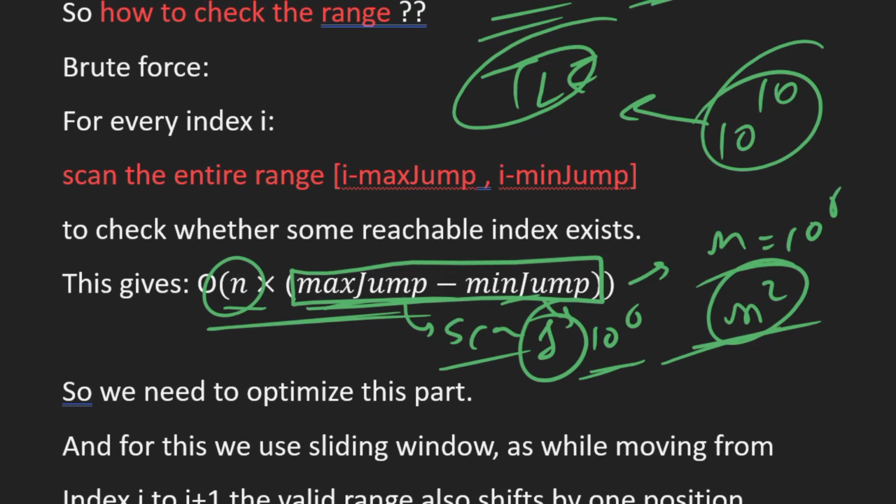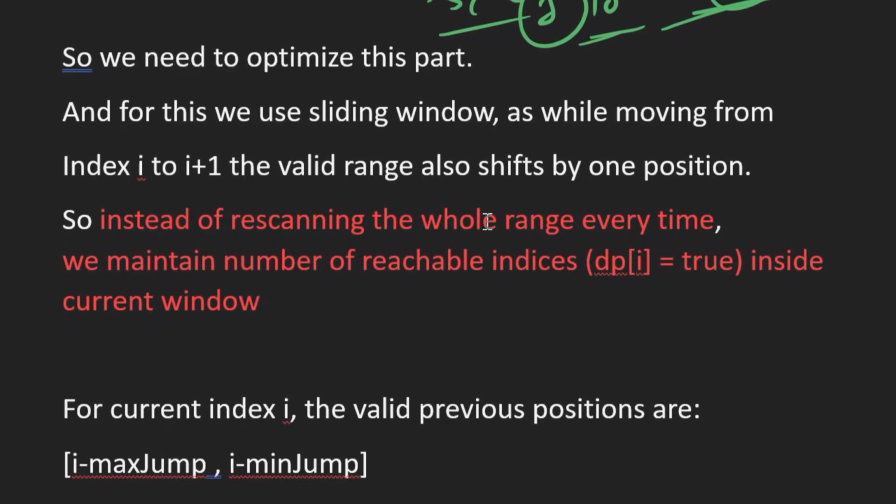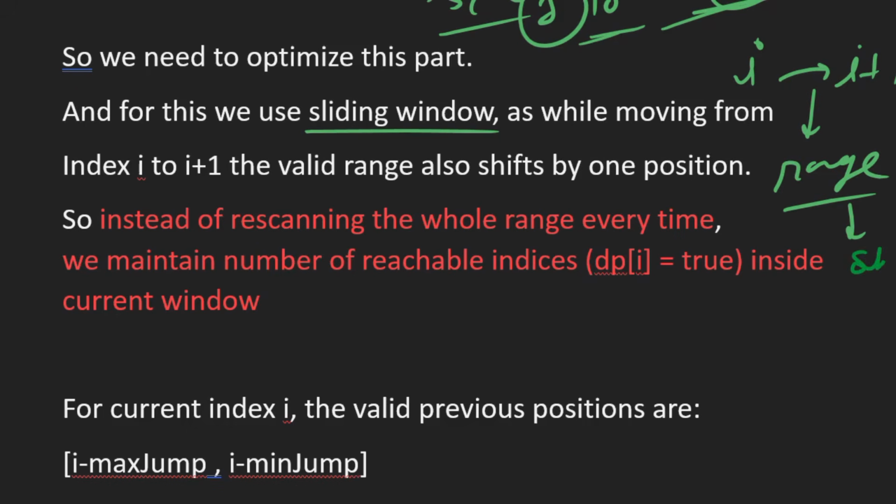So now we need to optimize the way we are checking our range. We'll be using a sliding window. As we know, when we move from index i to i plus 1, our range also shifts by one position, right?